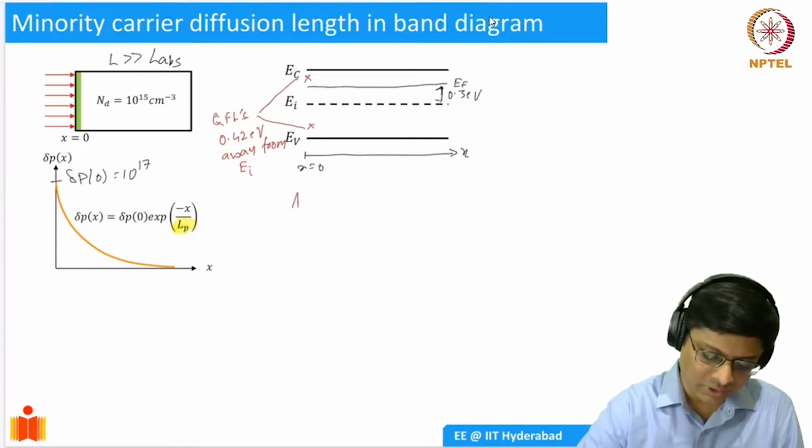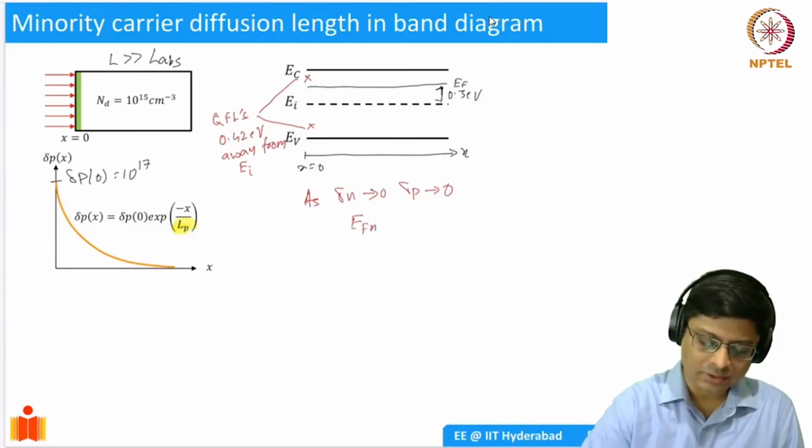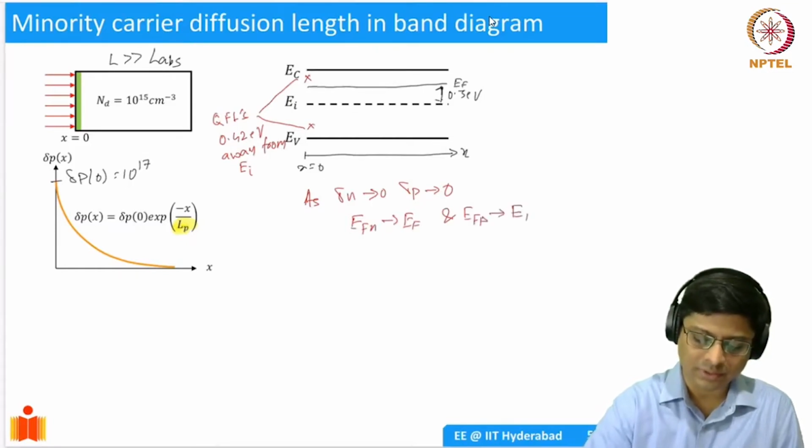We are just reusing the concepts, right? As delta N tends to 0 and delta P tends to 0, EFN tends to EF, and EFP tends to EF, right? That's what we have seen.